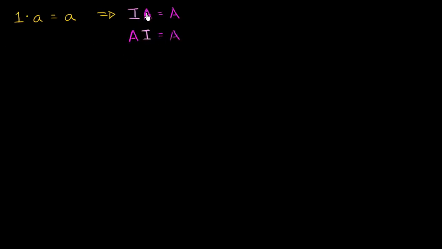Now, if matrix A right over here is a square matrix, then in either situation, this identity matrix is going to be the same identity matrix. But if matrix A is not a square matrix, then these are going to be two different identity matrices depending on the appropriate dimensions. Now, let's see if we can extend this analogy between traditional multiplication and matrix multiplication.